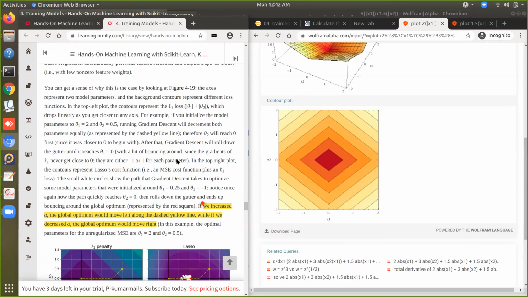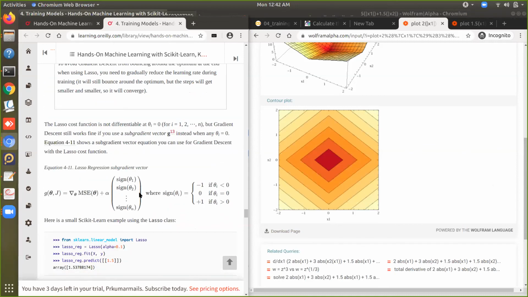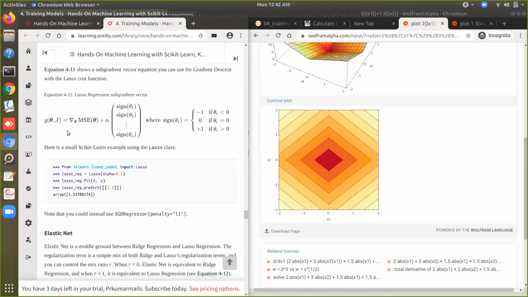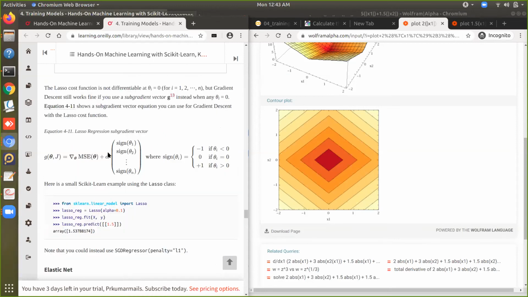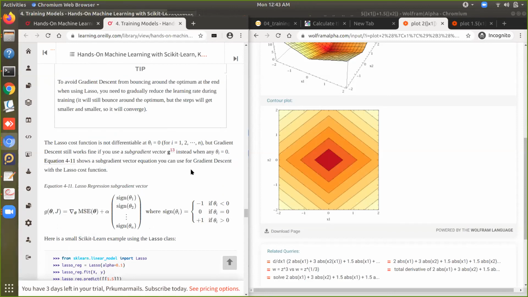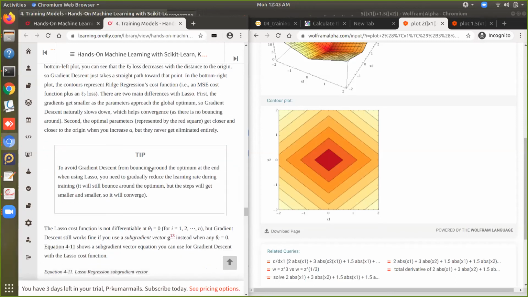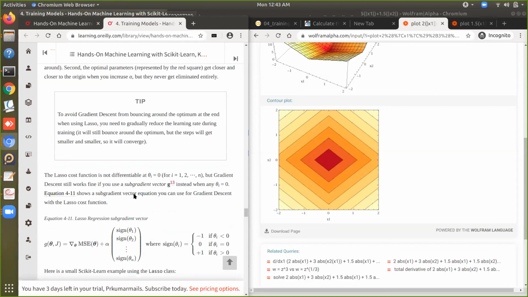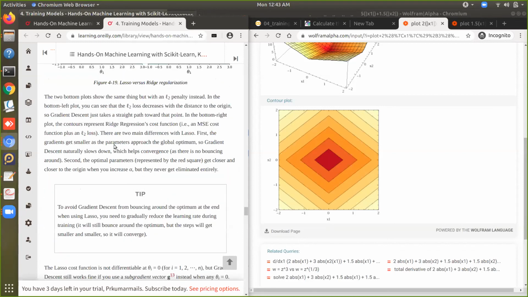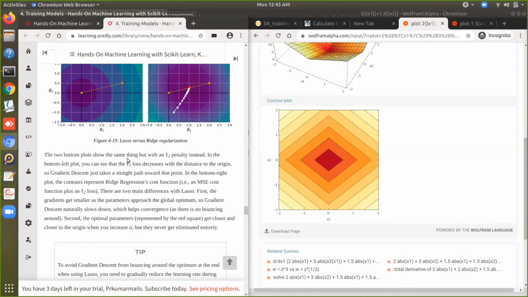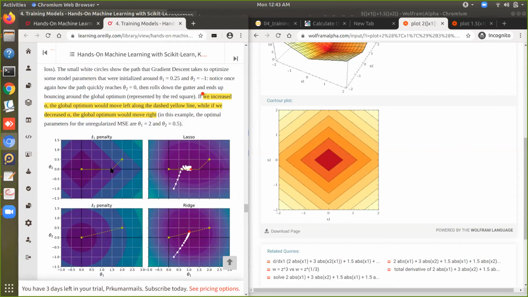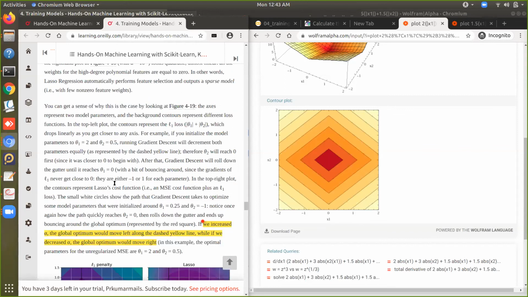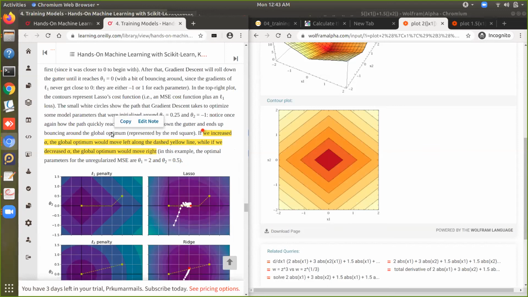Following, this is the computation of the gradient. In this lasso regression, we have seen that once it has reached zero in one dimension, it eliminates the weights of least importance.